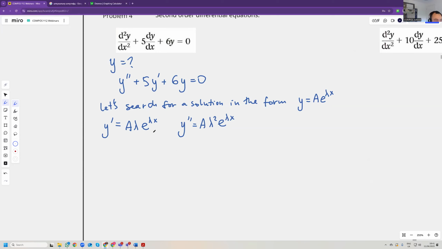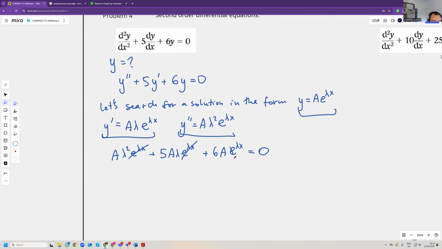And now we sub that in and we get A lambda squared e to the lambda x plus 5 A lambda e to the lambda x plus 6A e to the lambda x equals 0. We just sub these values into the equation. And we can see that e to the lambda x cancels and A cancels. And we get a quadratic equation, lambda squared plus 5 lambda plus 6.